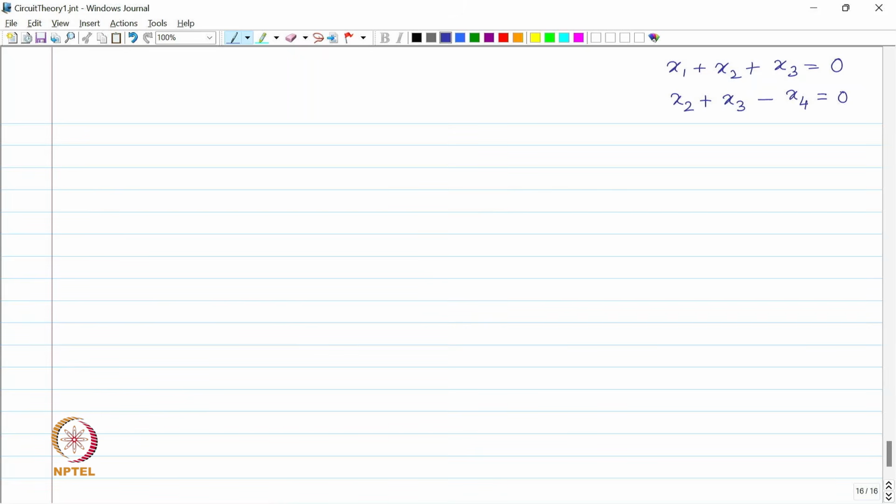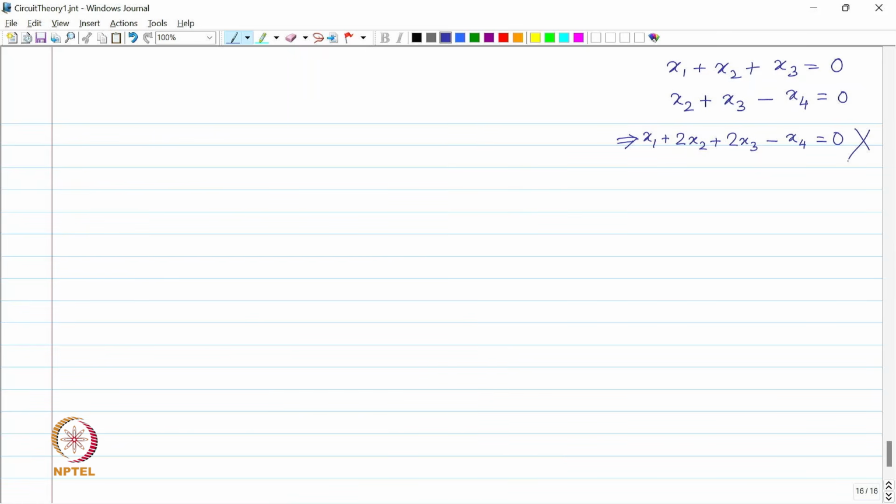This is equation number 2, and if the third equation happens to be x1 plus 2x2 plus 2x3 minus x4 is equal to 0, is the third equation important? No. Why not? Because it is a linear combination of the first two equations. Okay. So, this equation is not important at all.